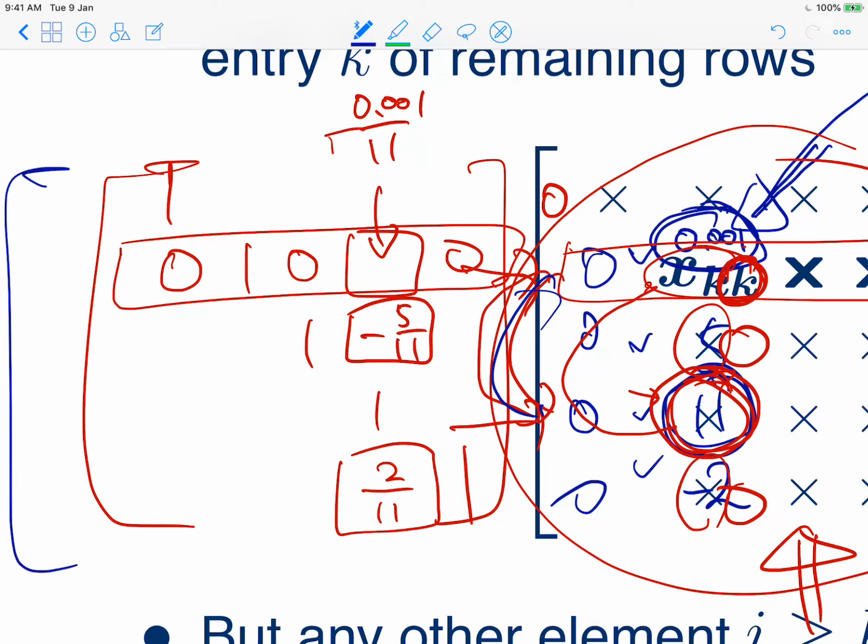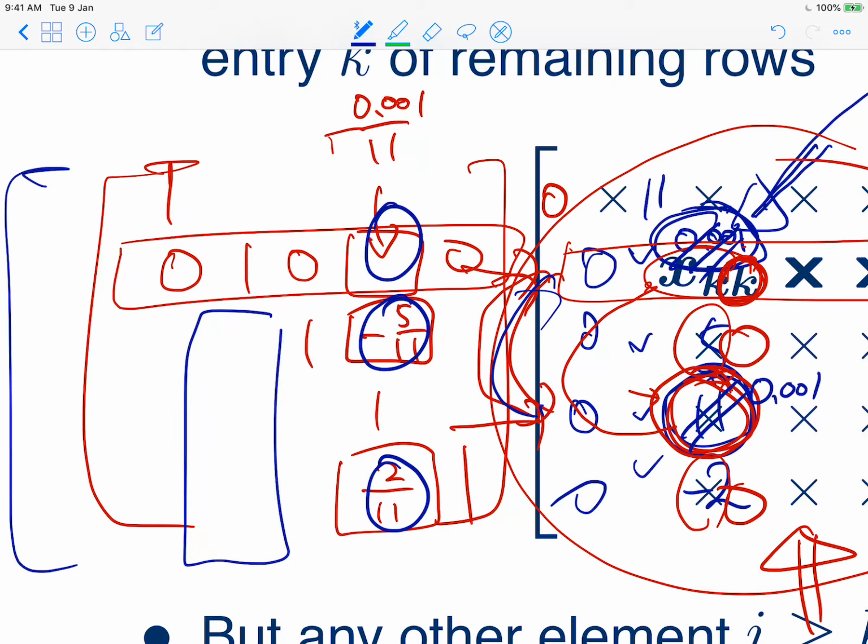The resulting L matrix will be like this: this guy is 11 and this guy is 0.001, and this is all zeros, and then we have to fill up this part.